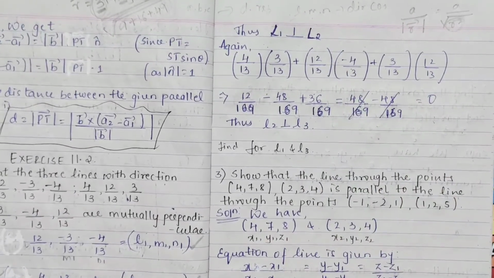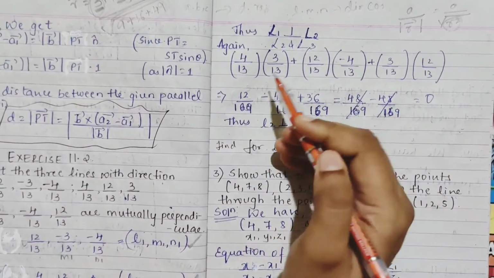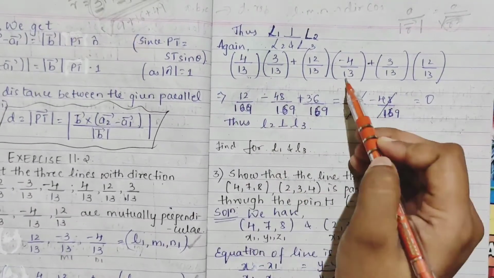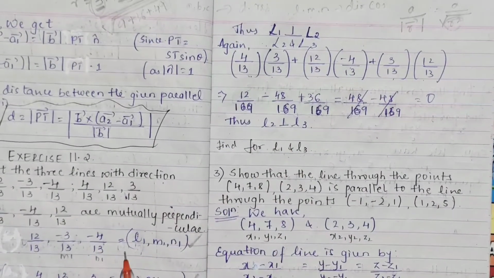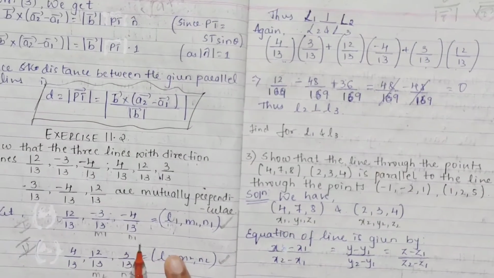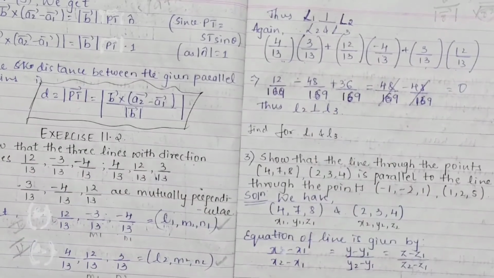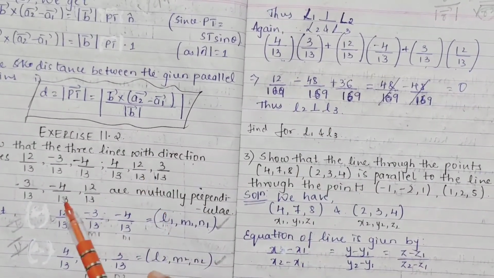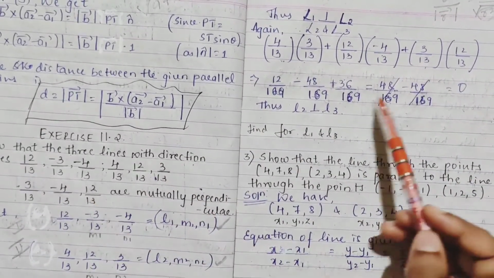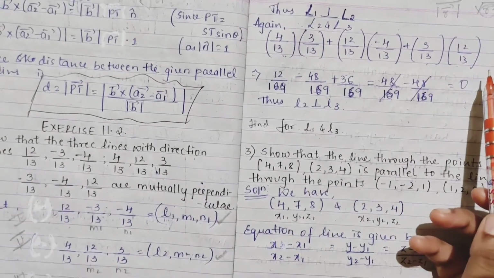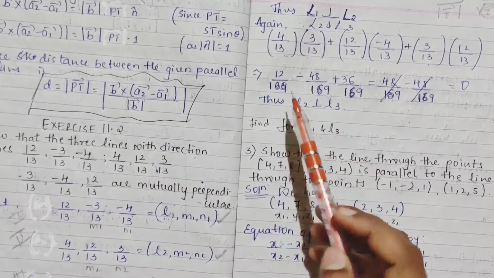Here you can see 4 by 13 into 3 by 13, then 12 by 13 into minus 4 by 13, plus 3 by 13 into 12 by 13. 4 3s are 12, 13 into 13 is 169.